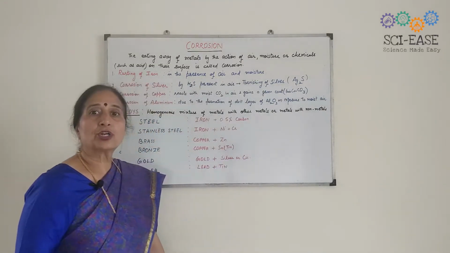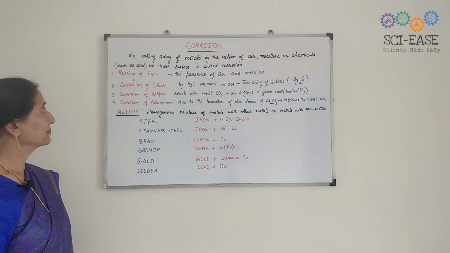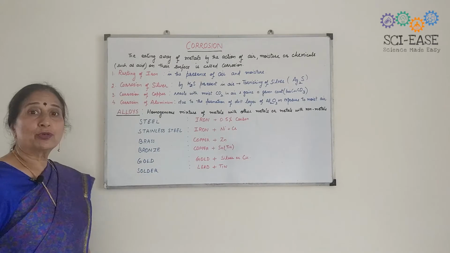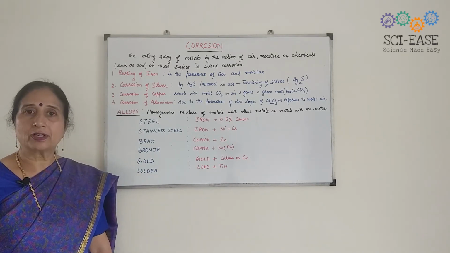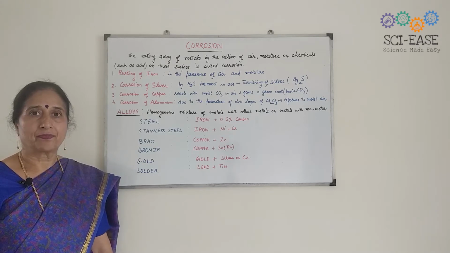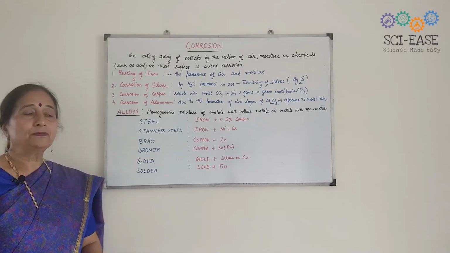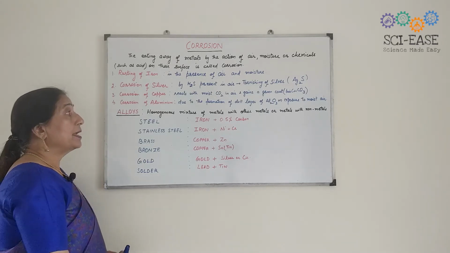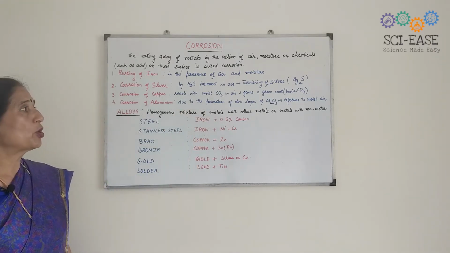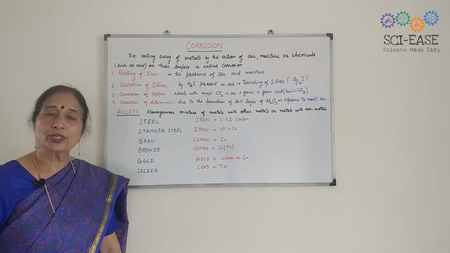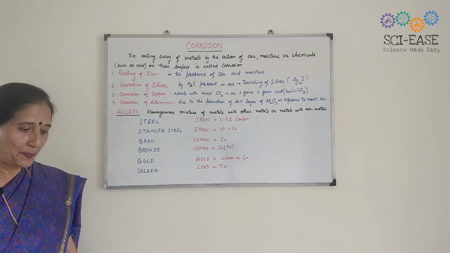Next is corrosion of aluminium. Aluminium utensils become dull after use. Why do they become dull? They become dull due to the formation of a dull layer of aluminium oxide on exposure to moist air.